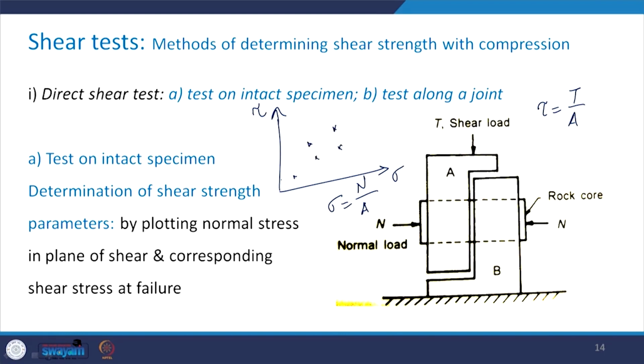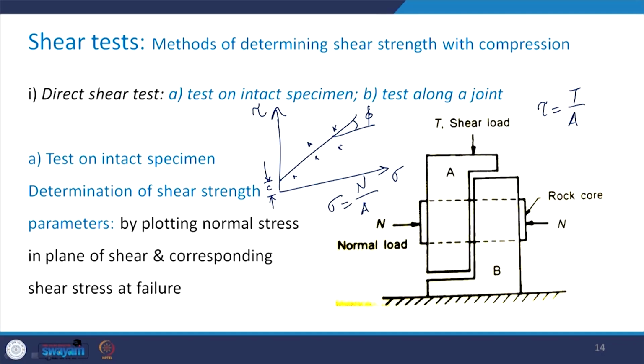I can fit a straight line, and assuming that it follows the Mohr-Coulomb failure criterion, I can find the shear strength characteristic by finding this intercept C and this angle phi.